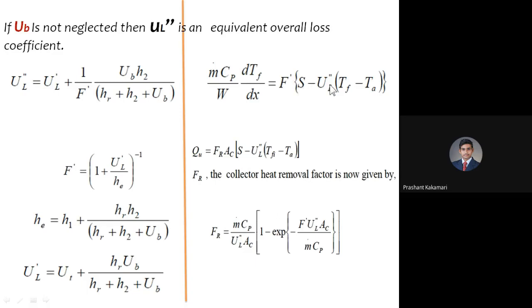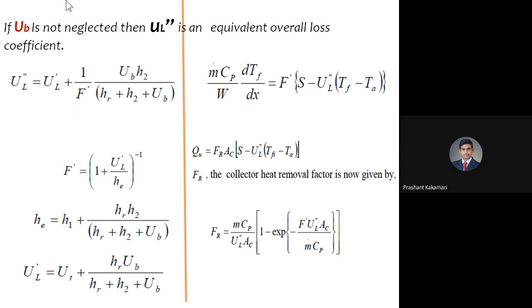So what is this UL double dash? This UL double dash denotes considering the bottom losses of the air heater. One can write that UL dash is the top losses plus the bottom losses.